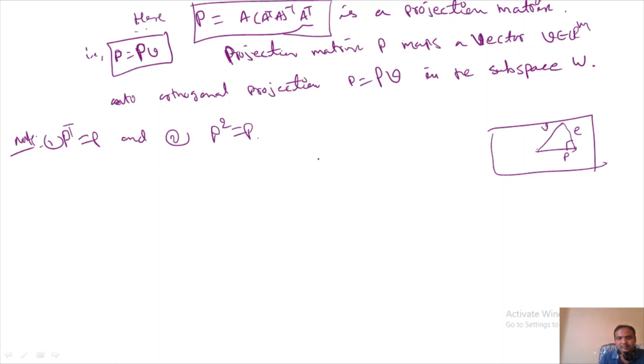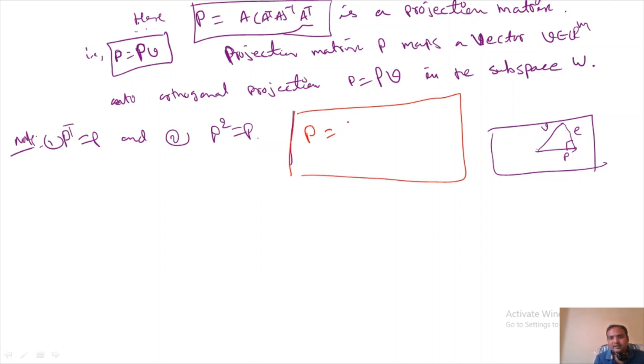You can go like the previous one, just in one dimension. In one dimension we write the projection matrix as U transpose by U transpose U. Same here, in place of U is A. That is A, (A transpose A) inverse and A transpose.